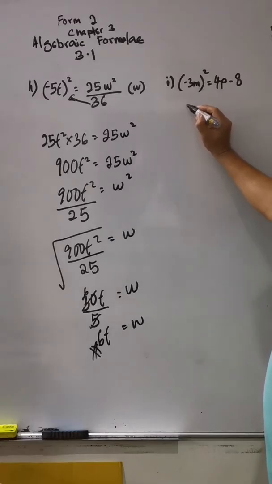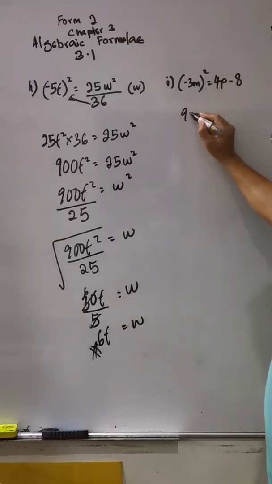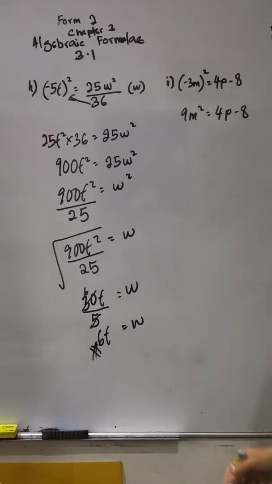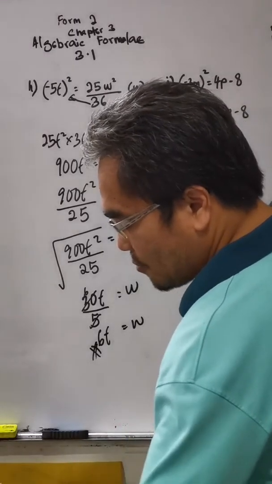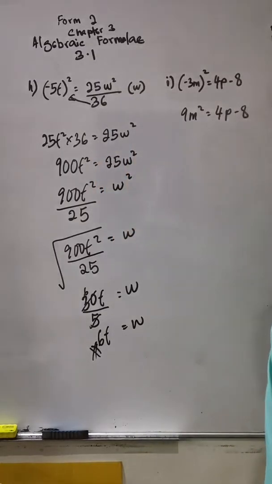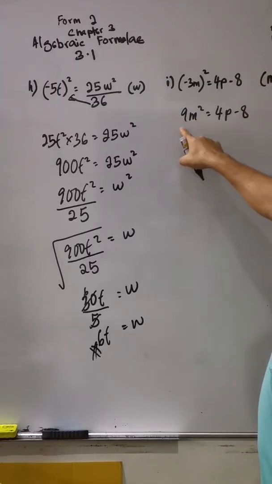For I, expand this first. So negative 3m times negative 3m will be 9m squared equals 4p minus 8. Okay, so what is the subject? M. We want to move 9.